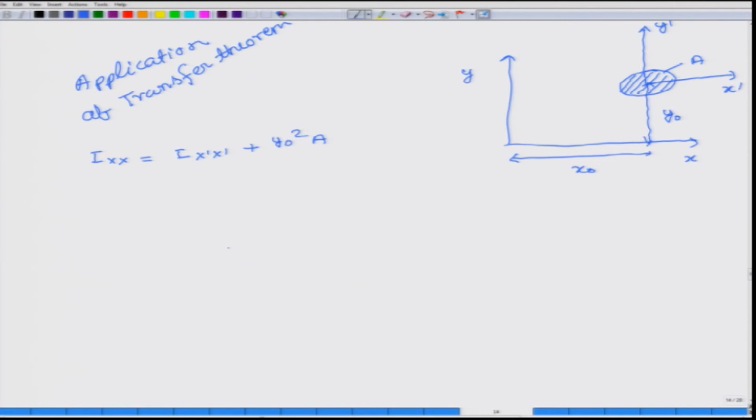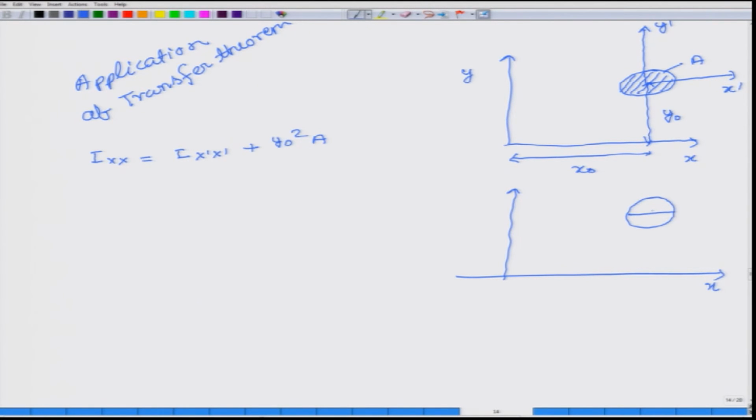So, what we will do, we will take an example to understand this transfer theorem. So, for that let us consider a circular area of radius a.